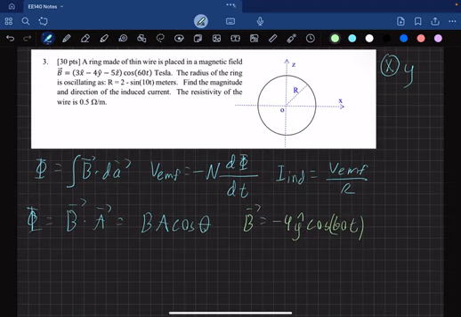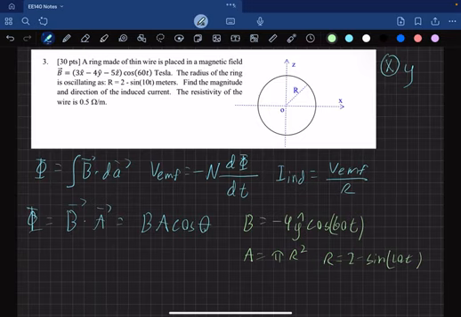And for our area, we have our given radius, and the area of a circle is just pi r squared, which I'll write here. Area equals pi r squared. And what is our r? R is given, r equals 2 minus sine 10t.